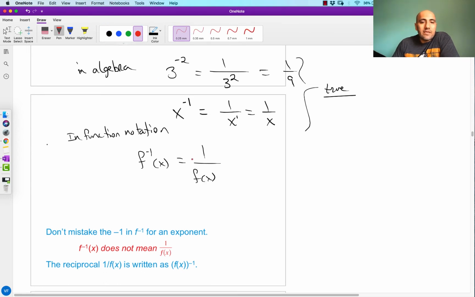It does not mean that we have to flip it underneath 1 to get rid of that minus. It does not have anything to do with that. We just invented this notation so that we can identify that two functions are connected in that they undo each other. They're inverses of each other. That's all. So keep that in mind.